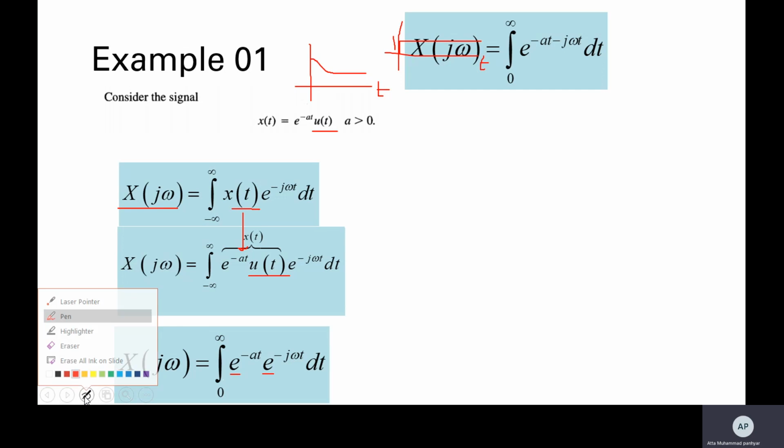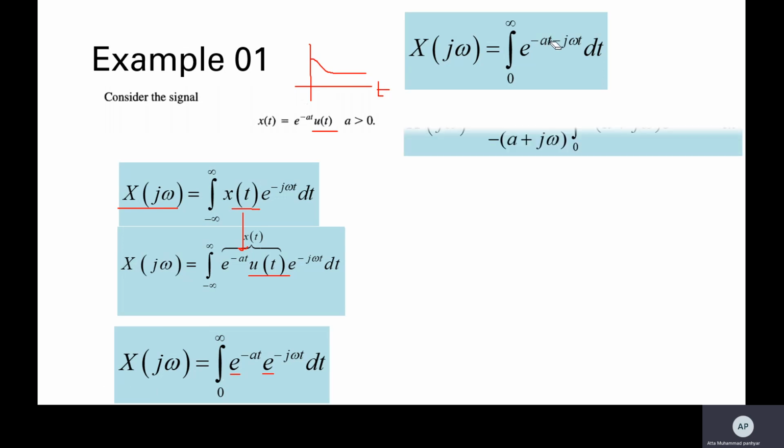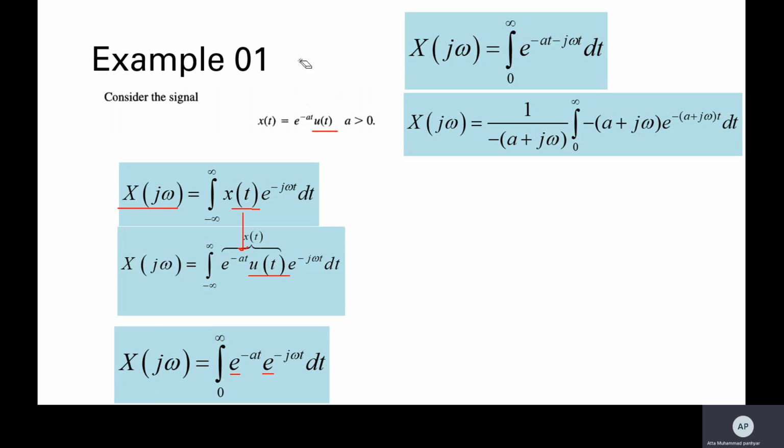Let me erase this step. Now if we take minus and t as common, then what we are left with is minus bracket a plus j omega, times t, right? And if you know that if we have a function e to the power f of x, and its derivative is available as a coefficient, then the integral is the same, e to the power that function.